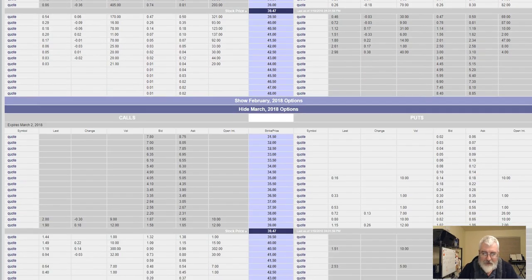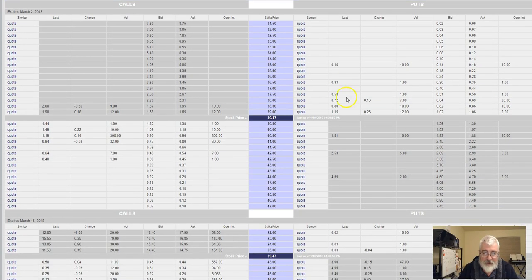And these are called options here. This is the stock price right now, 39.47. You need to buy 100 shares when you're doing options. This side of the fence is calls, and this side is puts, where you're saying that you think the stock will go down.